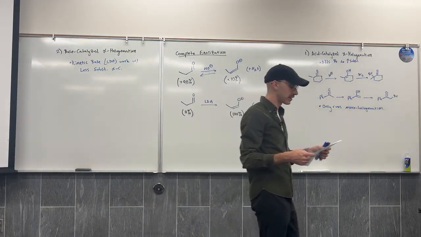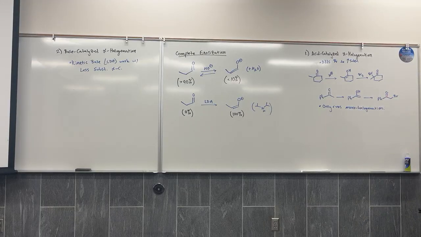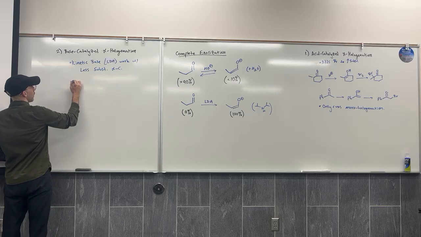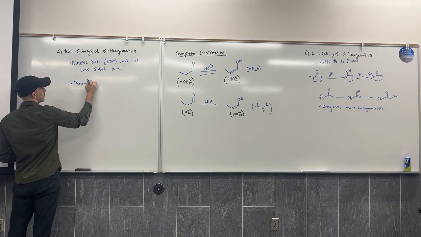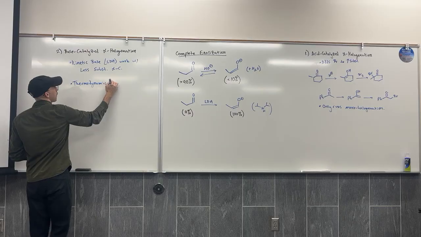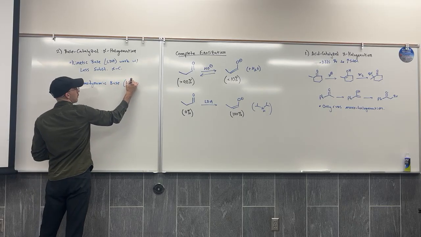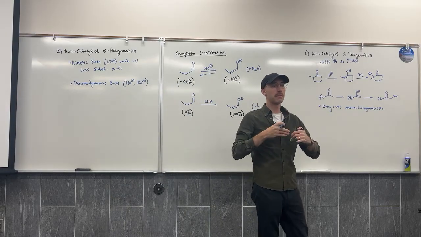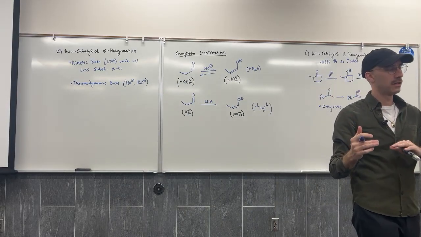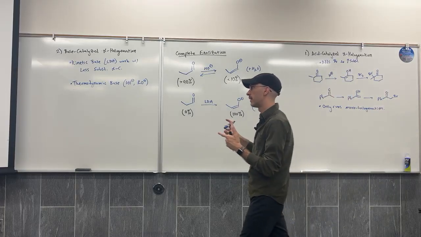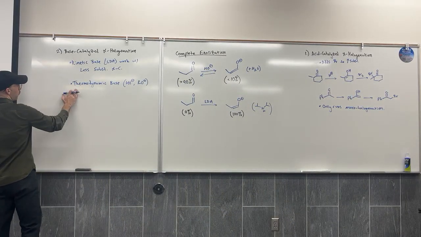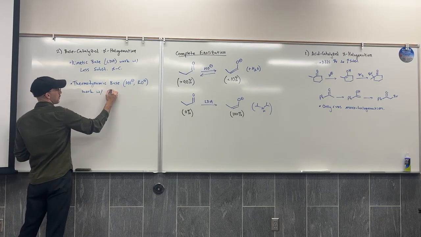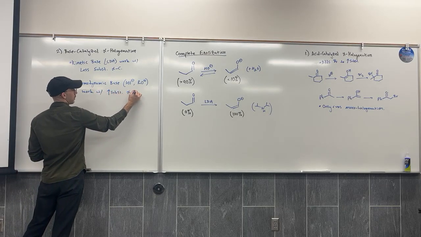So you see LDA going to the left, working with bromine. You see a thermodynamic base, NaOH, going to the right. Other thermodynamic bases are just small molecules like methoxide, ethoxide. Those small alkoxides that work for deprotonating esters, they work with our more substituted alpha carbon.